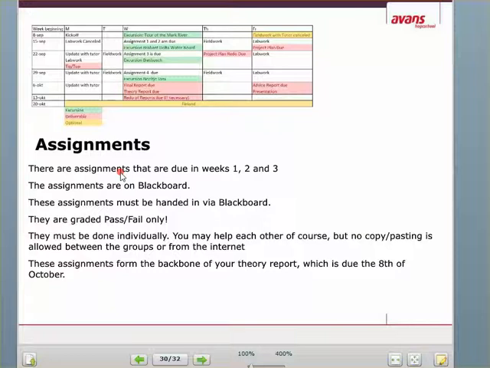But you should realize that I can see if you copy-paste directly from each other. For those of you who are not from Avans, just a warning that we have something called Aphorus on Blackboard, and that's why all deliverables must be handed in on Blackboard, not emailed to me, because there's a software program that immediately checks all assignments and the internet for copying, and it gives me a report.